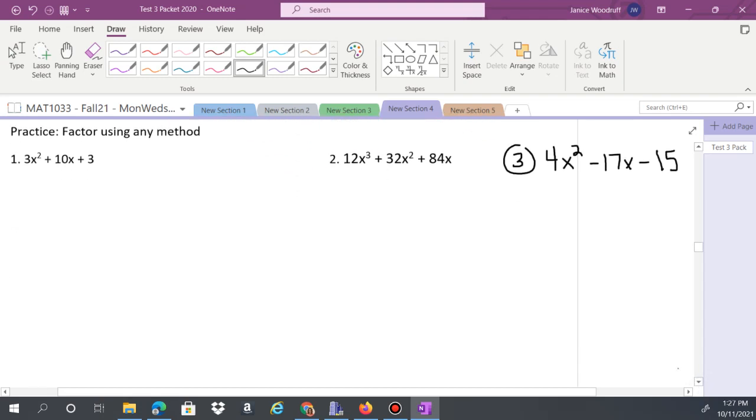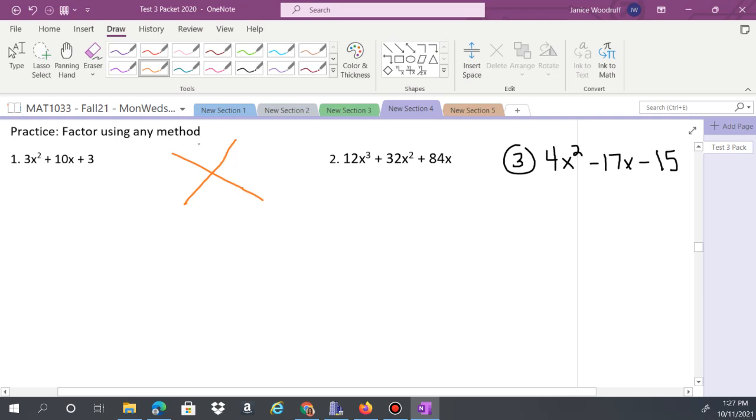Okay, so I'm going to do diamond method for number 1, mistake method for the other 2, so we can go over both. All right, so for number 1, no GCF. Sometimes I don't draw the whole diamond, I just do a very bad X like that.